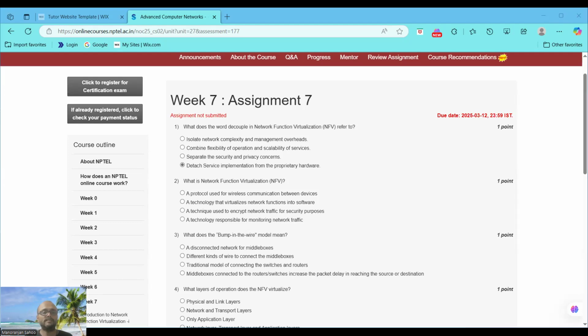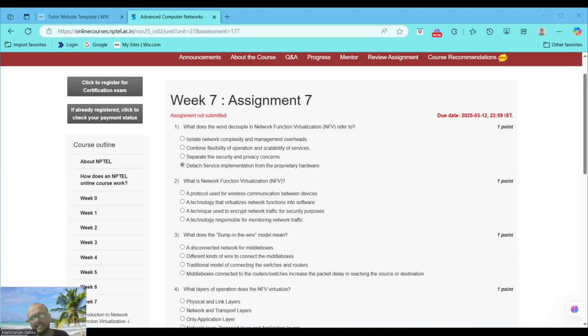You can see, guys, the first one is the NFV. NFV aims to decouple network functions, such as firewalls and load balancers, from dedicated or proprietary hardware, enabling them to run as software on general purpose servers.